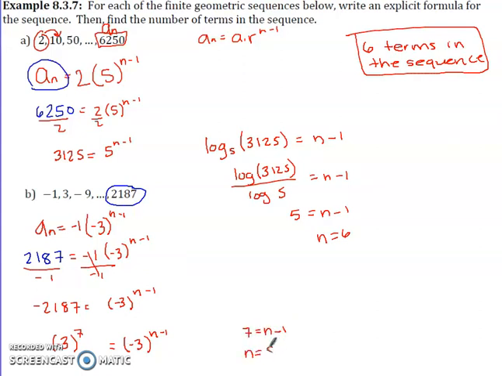So n is going to be 8, which means that there are 8 terms in my sequence. Or in other words, we found that this final term, 2,187, has a place value of 8. So this is a sub 8, meaning that that final term occupies the 8th position. So there are only 8 terms in our sequence.